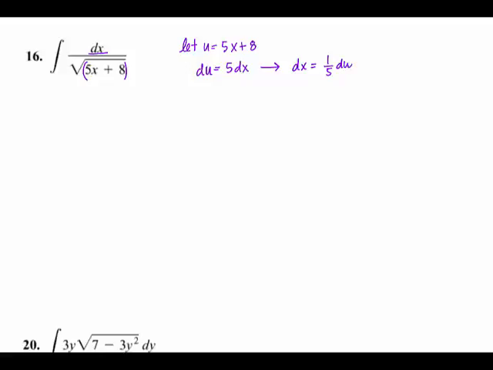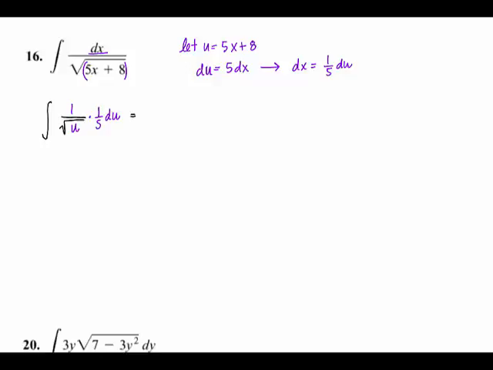And then the substitution looks like this. We've converted the indefinite integral to 1 over the square root of u times what was dx, which is 1/5 of du. And then we can clean it out.